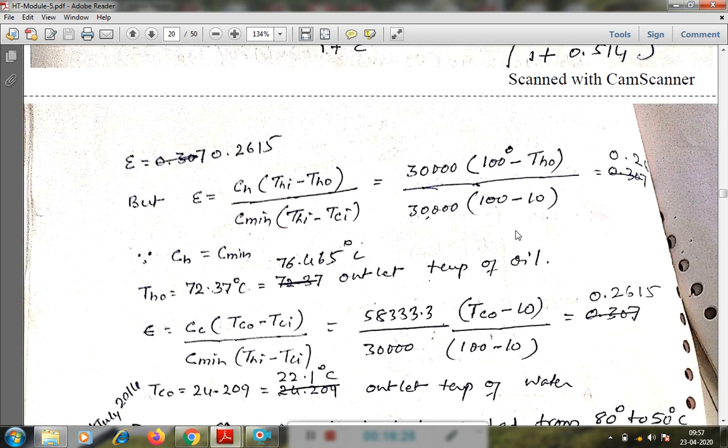From this the effectiveness we get is 0.2615.